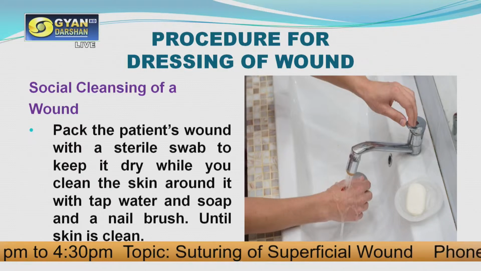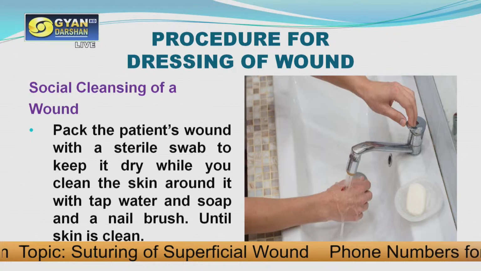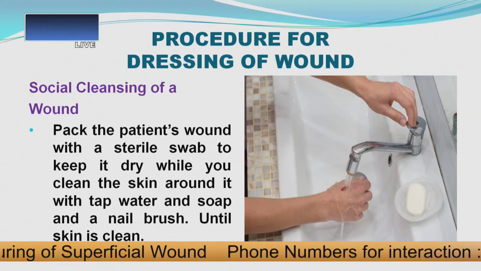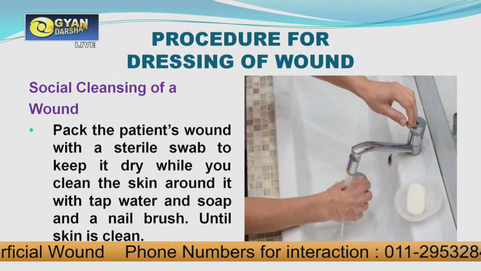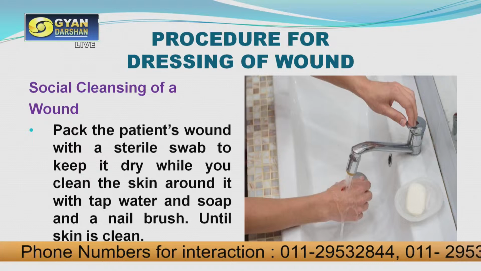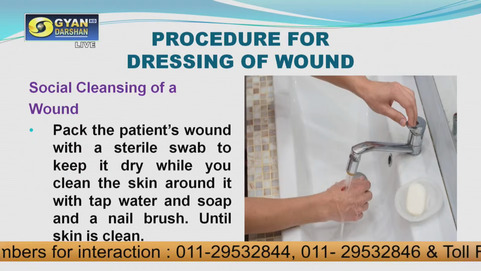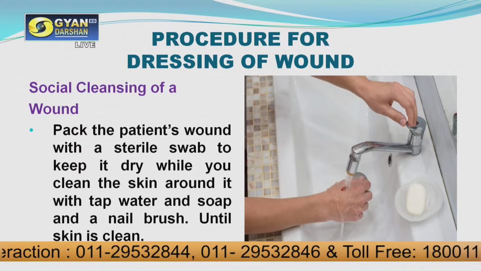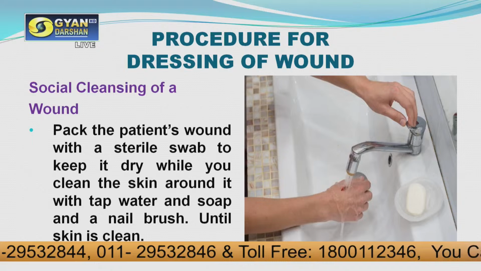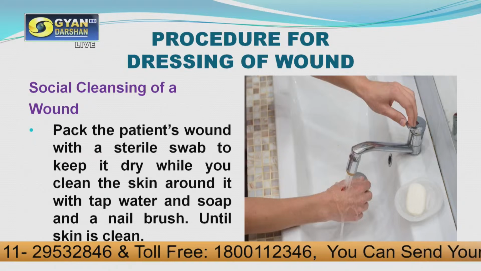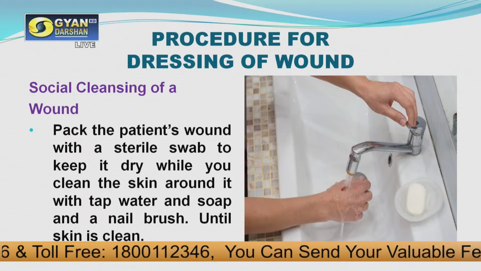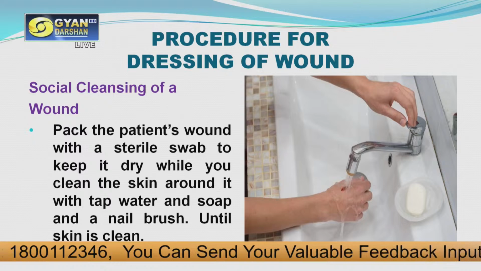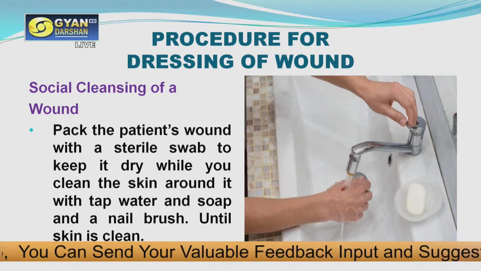Where there is a wound, you keep a swab on it so that you cover it, and then around that area you wash or clean the skin with tap water and soap, rather than using some dirty water from here and there. You need to use clean water.